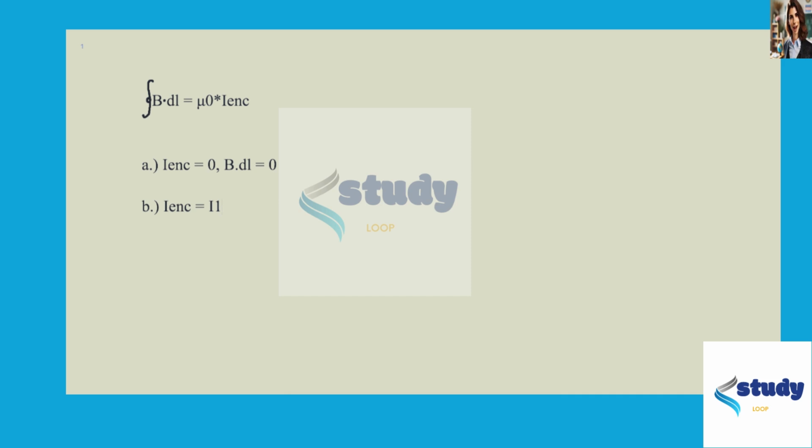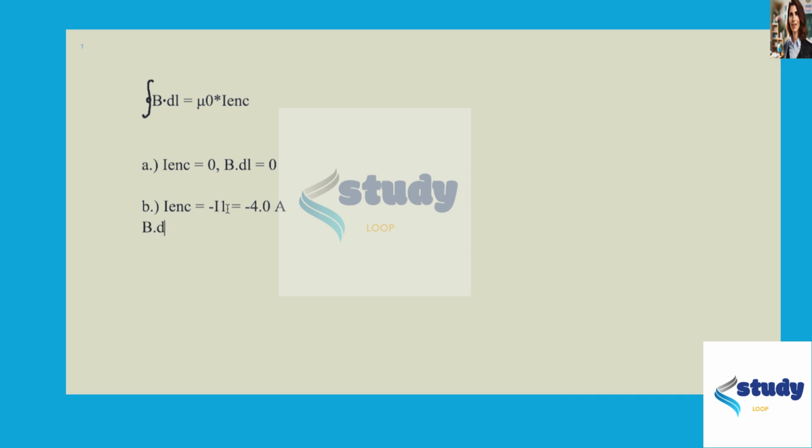Using the right-hand rule, currents out of the page are positive and currents into the page are negative. I1 is going into the page, so that's negative. So our I enclosed is going to be negative 4.0 amps.